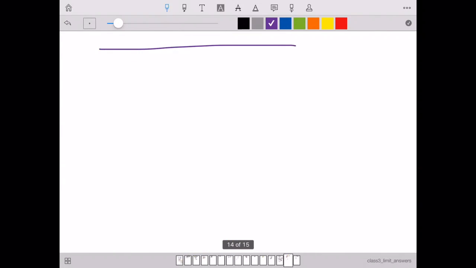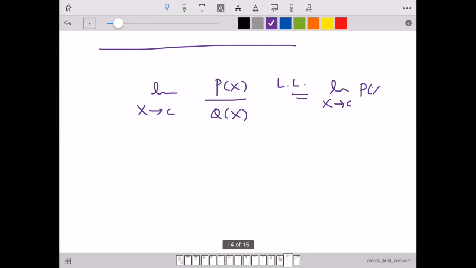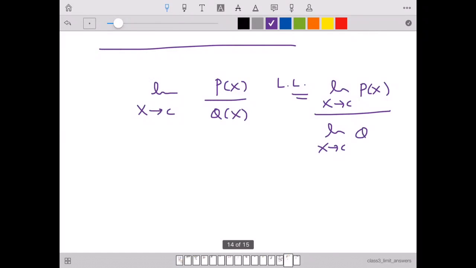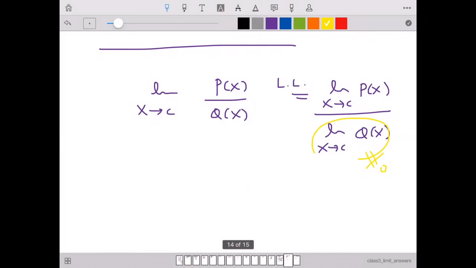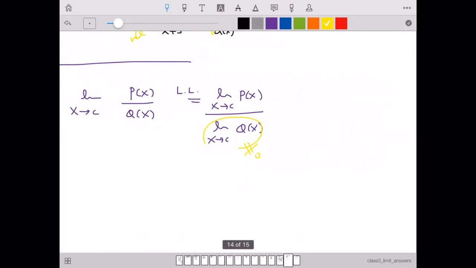The limit as x approaches c of p of x over q of x, by limit law, is the limit of p of x over the limit of q of x, if this is not 0, then we can do that by the quotient rule in the limit law.